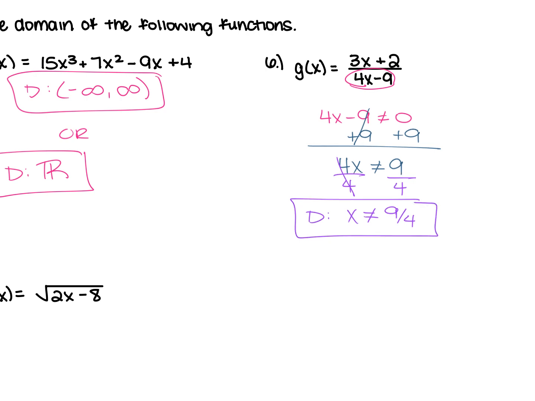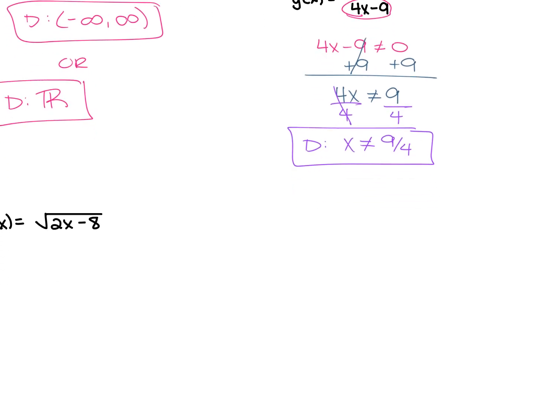For number 7, you have h of x is equal to the square root of 2x minus 8. For this one, you have an x underneath the square root. So you're going to take the entire expression under the square root and set it greater than or equal to 0. So you're going to have 2x minus 8 is greater than or equal to 0.